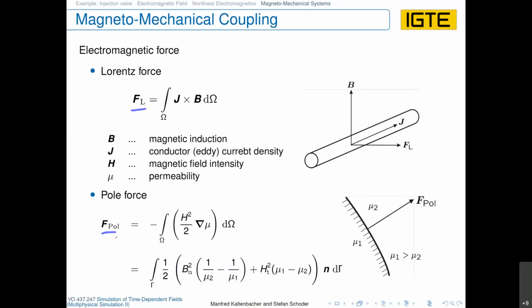And you get them at once when you use the virtual displacement method. When you want to compute them separately, which also makes sense to see how large the pole force and how large the Lorentz forces are, then you have to evaluate these two formulas, and this will then enter the right hand side of the mechanical equation.